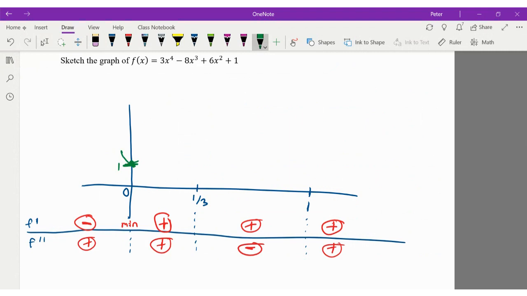We have a function that's going to be increasing up to here, and then it remains increasing but is concave down, and then it's increasing again. So here I have an inflection point, and here I also have an inflection point.